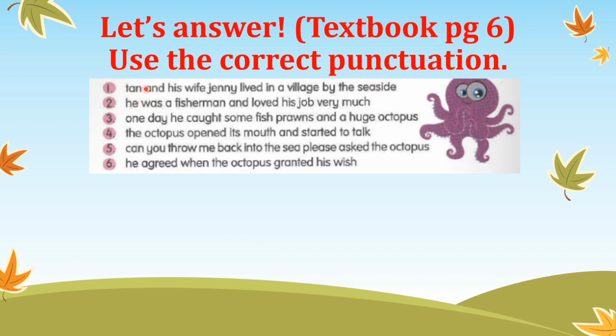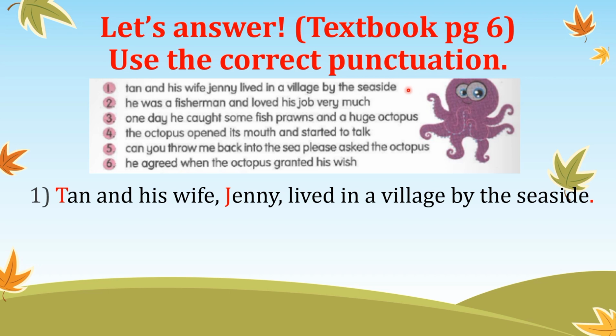Tan is a name of a person, and Jenny is also a name, proper noun. So you should use a capital letter. Now check your answer. Tan and his wife Jenny lived in a village by the seaside.